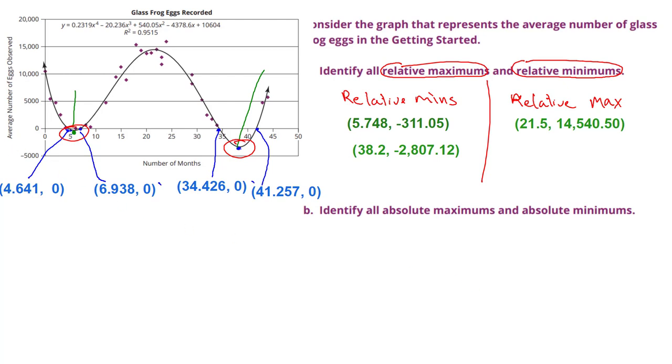Absolute maxes or mins. So when it says that word absolute, that means the highest, the maximum, the minimum. Meaning there is no point on the graph lower or higher than that. Is there any point on the graph that you would call that?